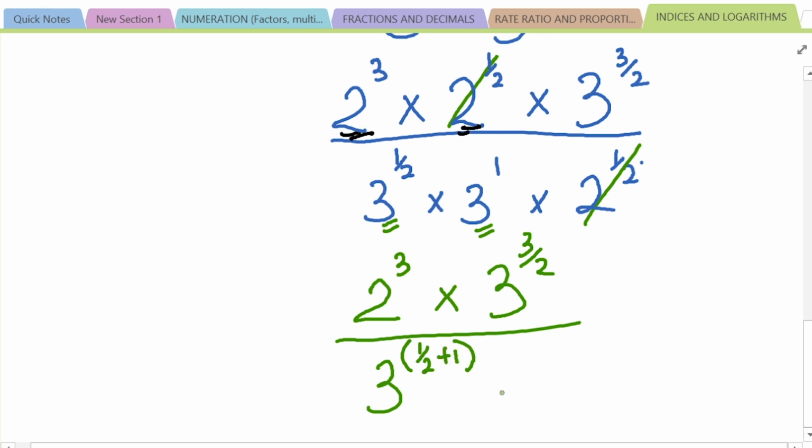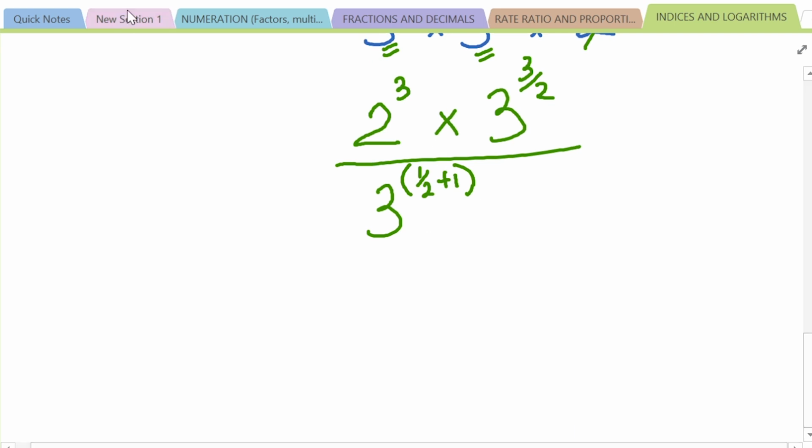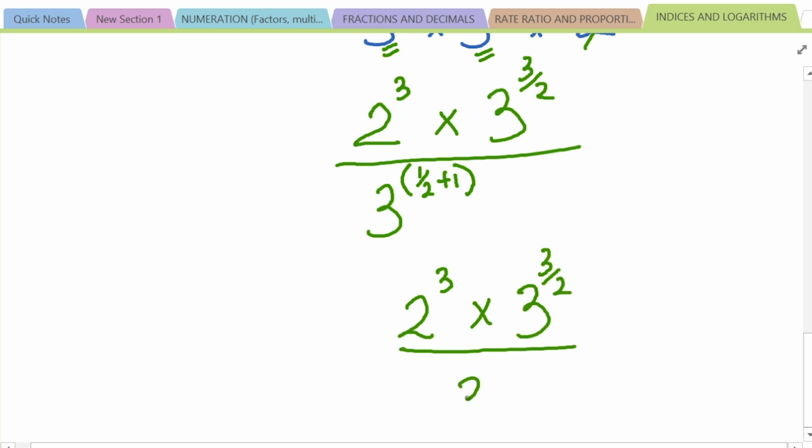Then from there, we can see that this is continuing to being 2 to the power 3 times 3 to the power 3 over 2. Divide that by 3 to the power a half plus 1 is 3 over 2, right? Three to the power 3 over 2.